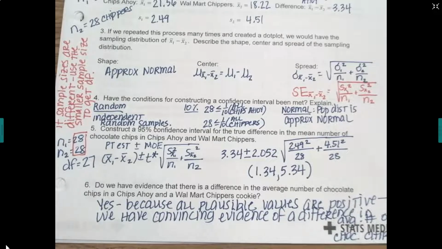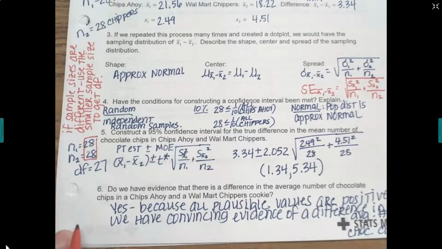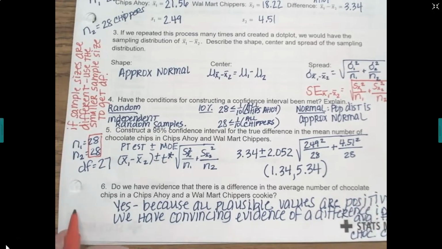For this question, this isn't asking one way or the other. This could also be convincing evidence that Chips Ahoy has more chips than Chippers. So if you get a confidence interval that is plus plus, they're both positive numbers, that would be convincing evidence of a difference.